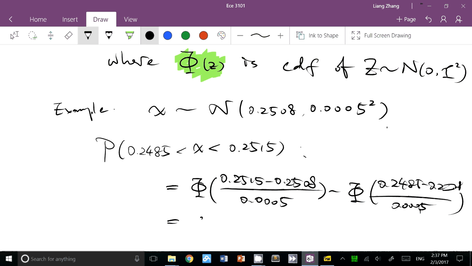This will give me phi of 1.40 minus phi of negative 4.6.